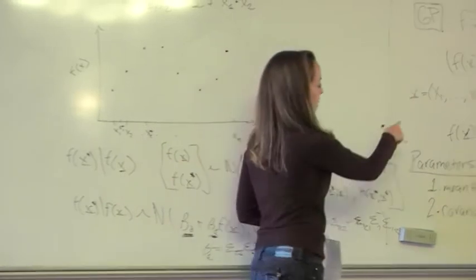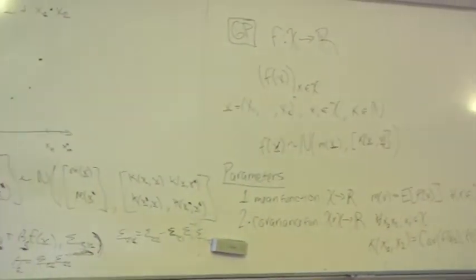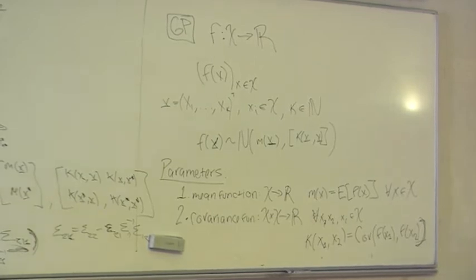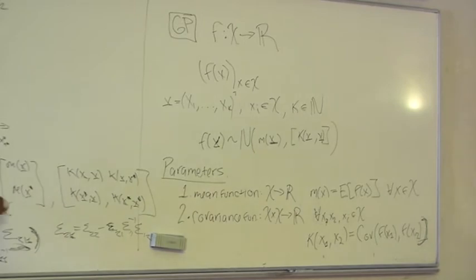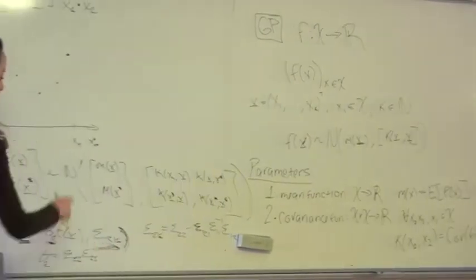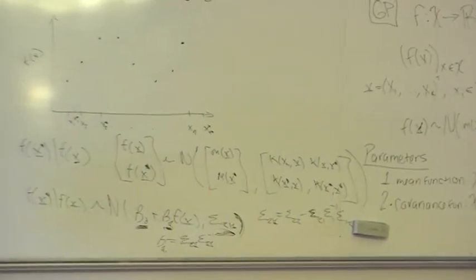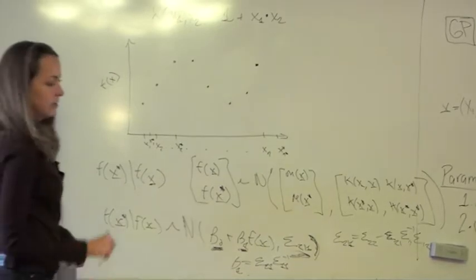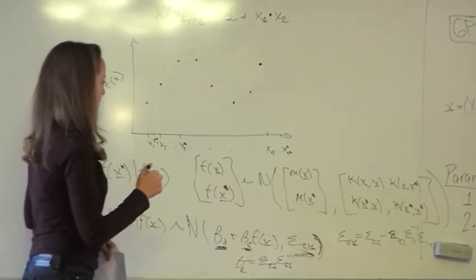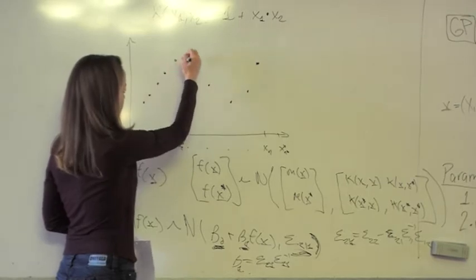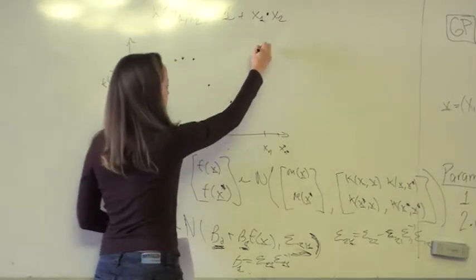Because if I take any finite subset, so if I extend x to be x1 to xn and x1 star to xn star, then we know that jointly these are multivariate normal with this specification here. So we just know from the conditional property that f of x star given f of x is also normal. So we can get additional samples at our new points.